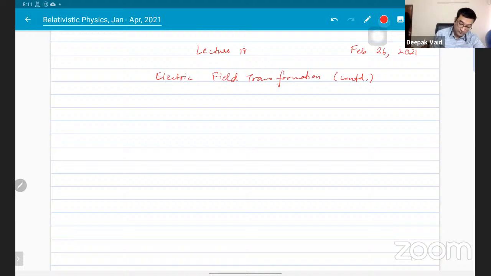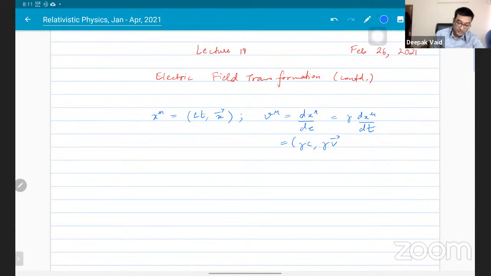So we define these quantities, right? X mu is equal to ct, comma, the position vector. The four velocity is dx mu by d tau, right? Is equal to gamma dx mu by dt, is equal to gamma c, comma, gamma v.